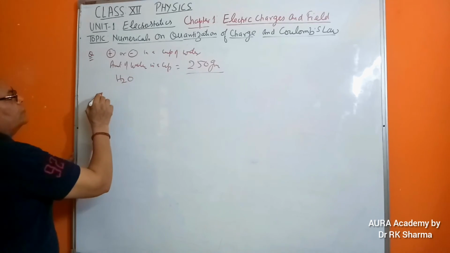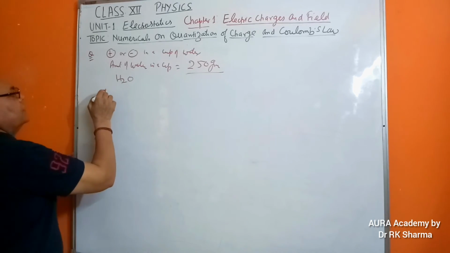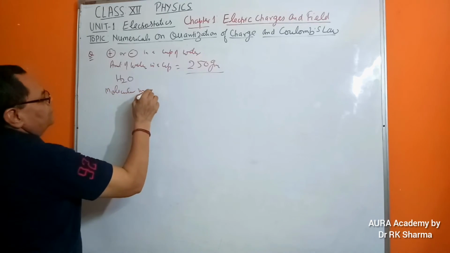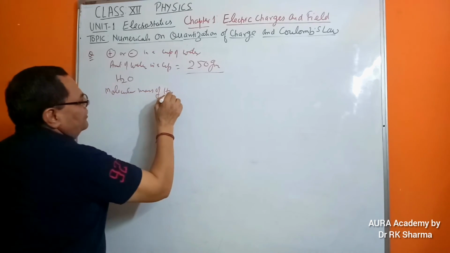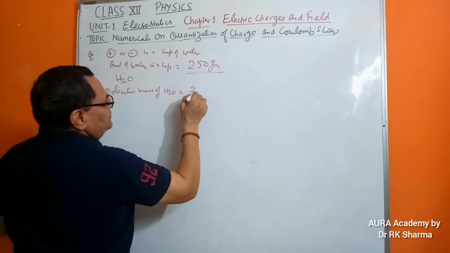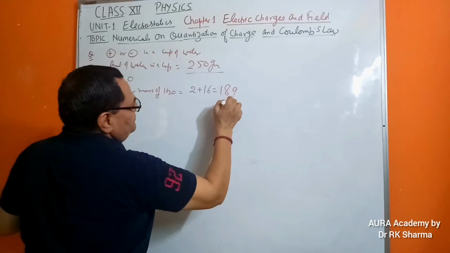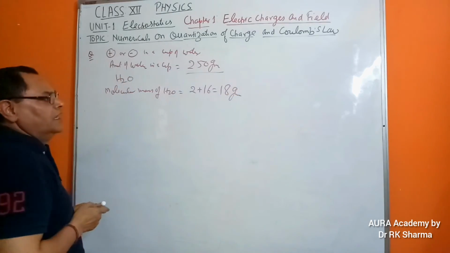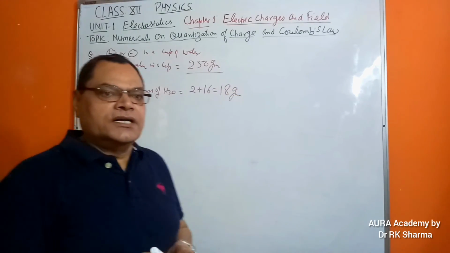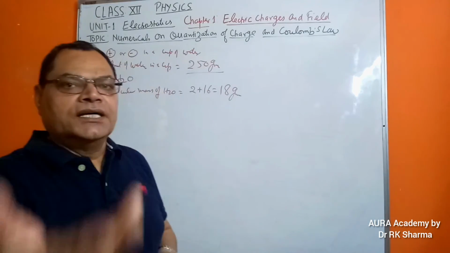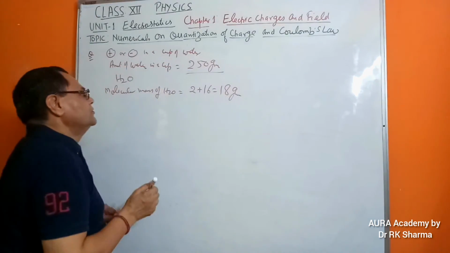And what is water? This is H2O. So the molecular mass of water is how much? 2 plus 16, that is 18 grams. So 18 grams will have how many molecules of water? Equal to the Avogadro's number.